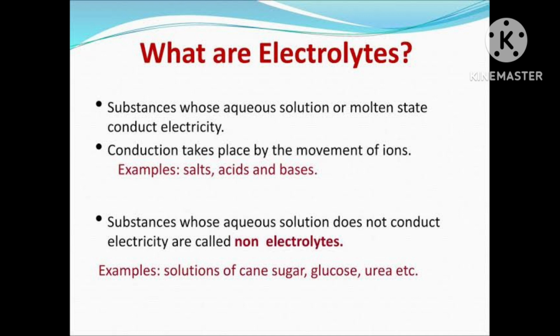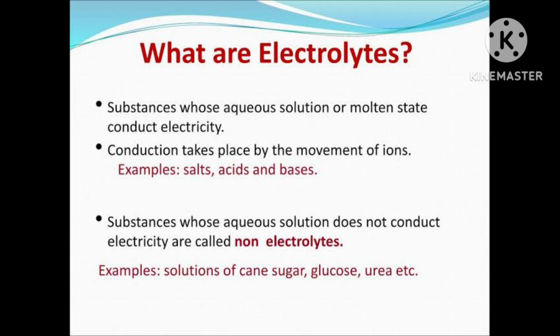When electrolytes are dissolved in water, now it becomes a solution. They furnish their own ions in the solution.